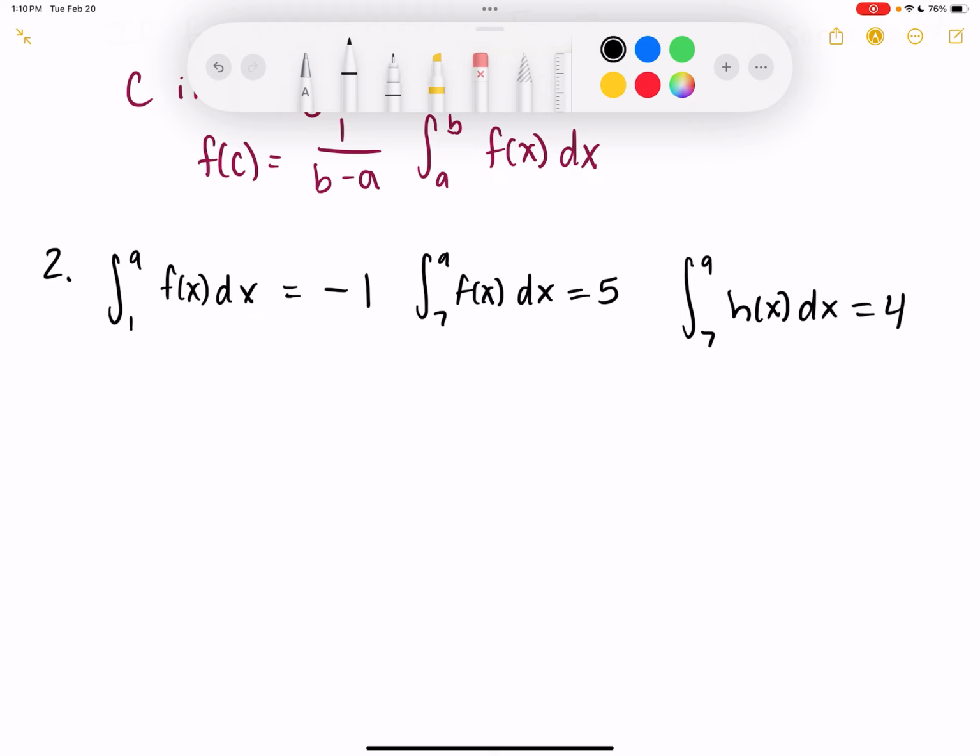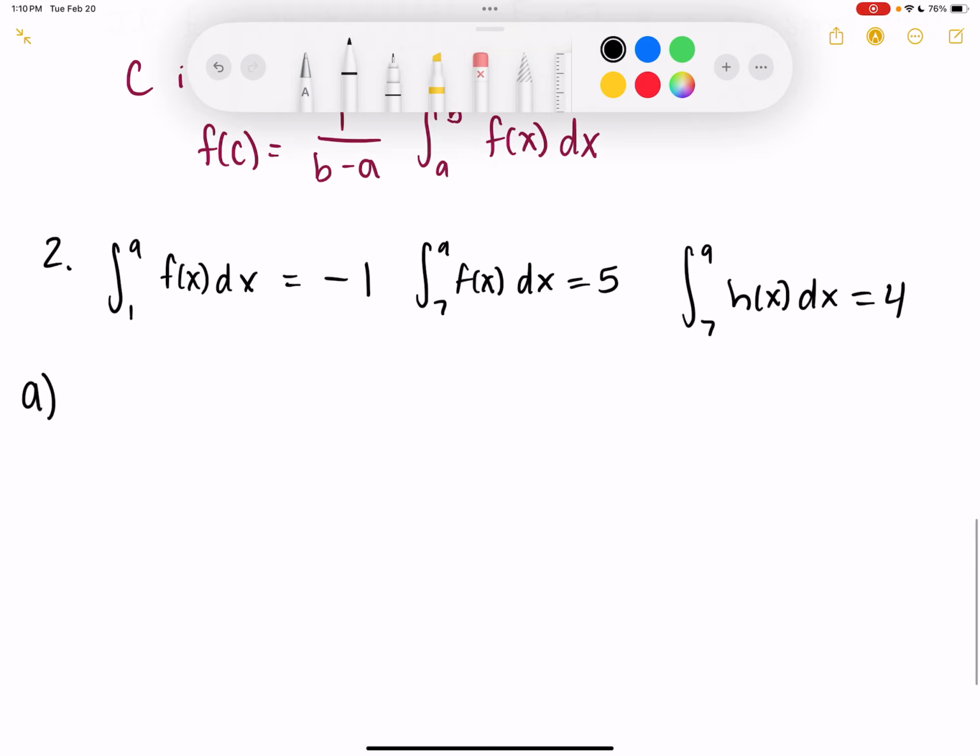Use the rules in the table, which is what we just wrote down as the properties, to find each integral. There are 6 different things they want us to find. So first is the integral from 1 to 9 of -2 f of x dx.